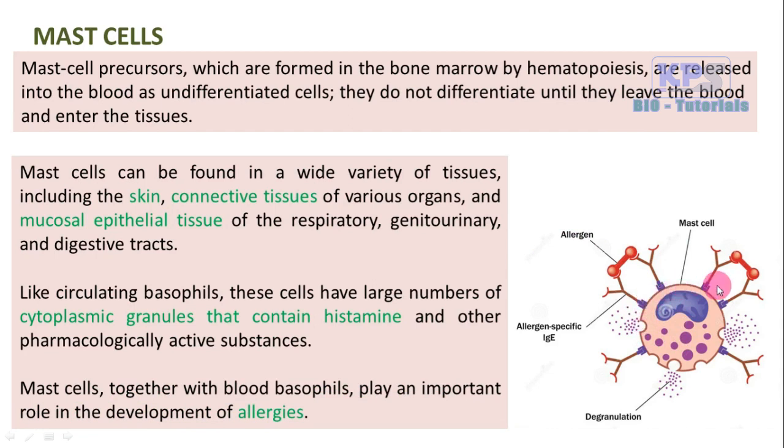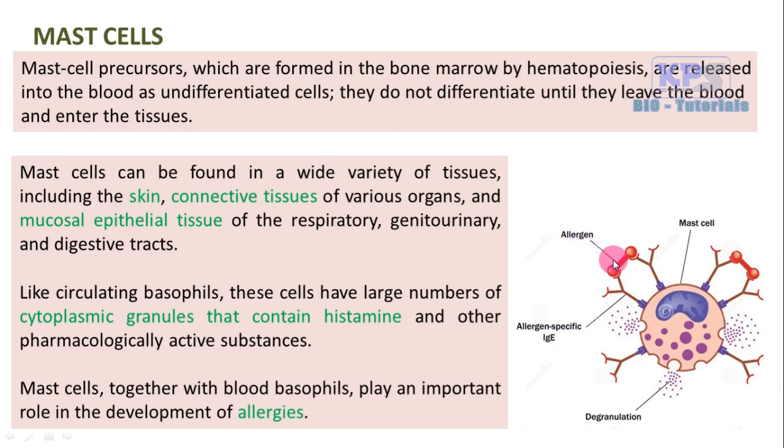Here on the membrane of the mast cell, you can see certain receptors, namely Fc receptors, specific for IgE antibody. This IgE antibody mediates the allergic reactions because it binds with allergens.